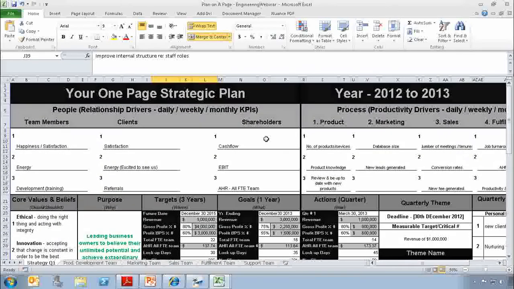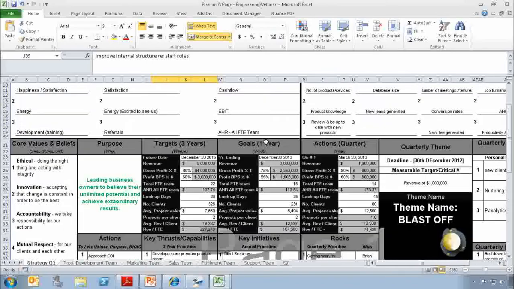It's basically an Excel spreadsheet that can be put on A3, and it will actually have targets for the next 3 years and where we want the business to go to, goals for 1 year, and what the key priorities are. And obviously these should tie back into your three-way budgets, which we make sure they do.